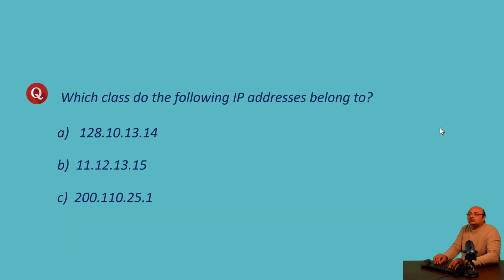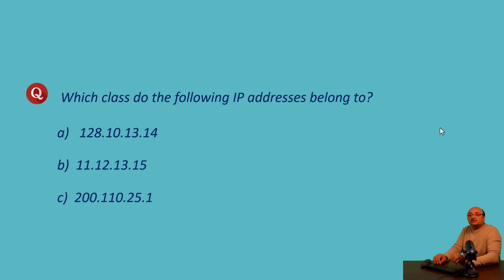Okay. Now let us crystallize our concept by going over some questions. So the first question is, which class do these IP addresses belong to? So we have 3 IP addresses and we have to identify the class of each IP address.